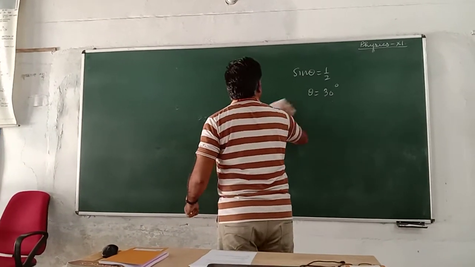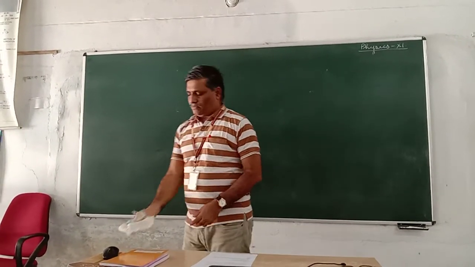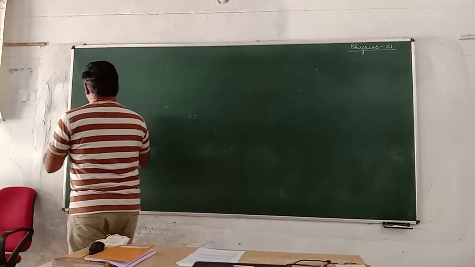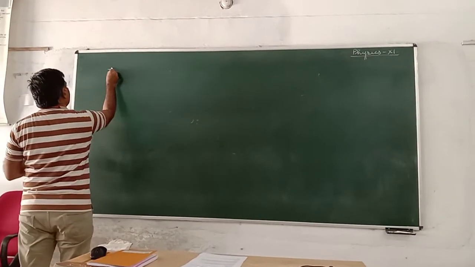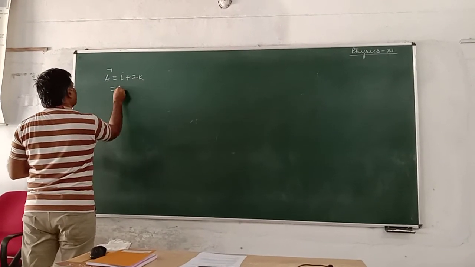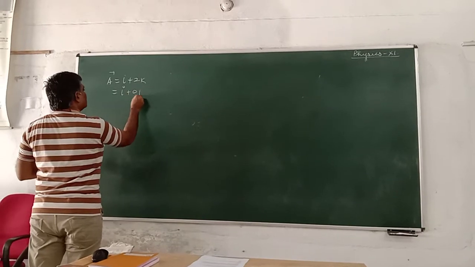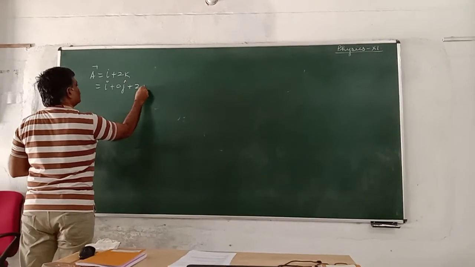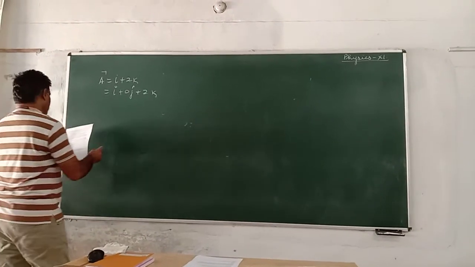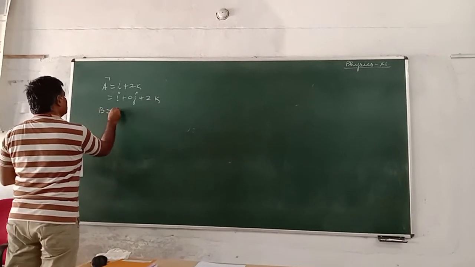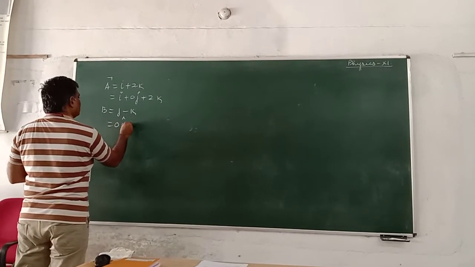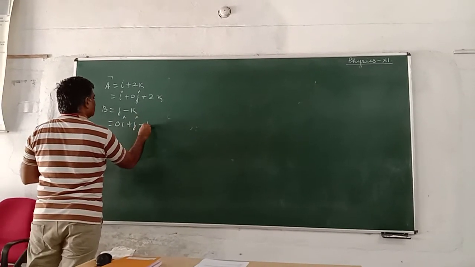Vector A is equal to i plus 2k. This vector we can write it as i plus 0j plus 2k. If j is absent, we can take its 0. Then B is equal to j minus k, which is equal to 0i plus j minus k.